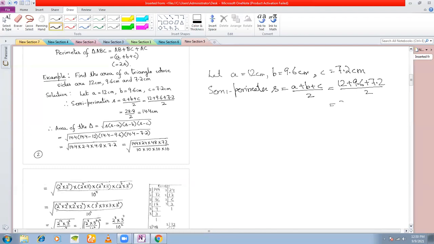Okay, so this sum comes to 28.8 divided by 2. So the semi-perimeter that you are getting is 14.4 centimeter. Now, once you have found out the semi-perimeter, we shall proceed to find out the area by Heron's formula.